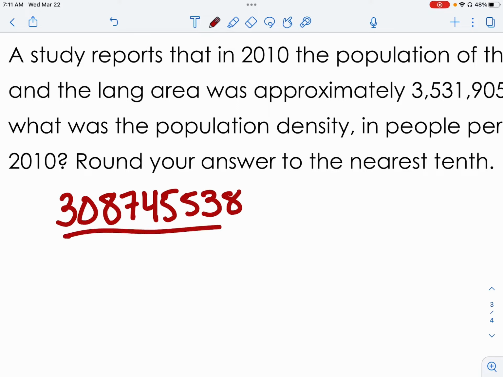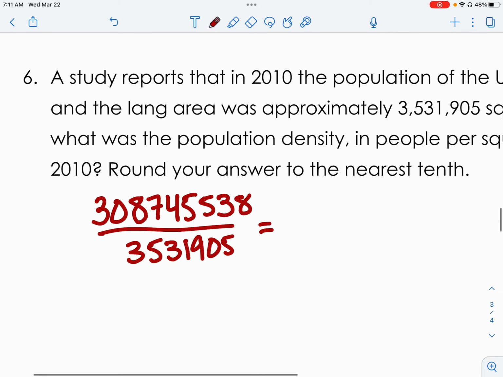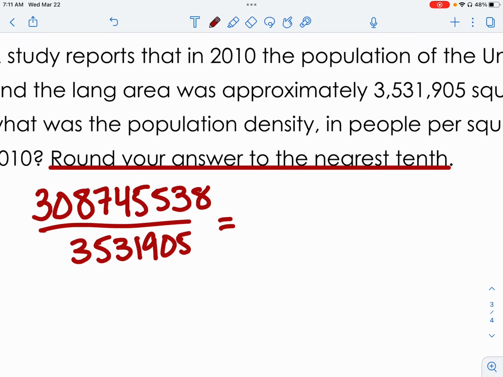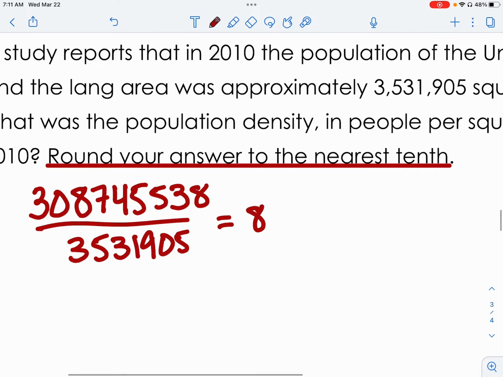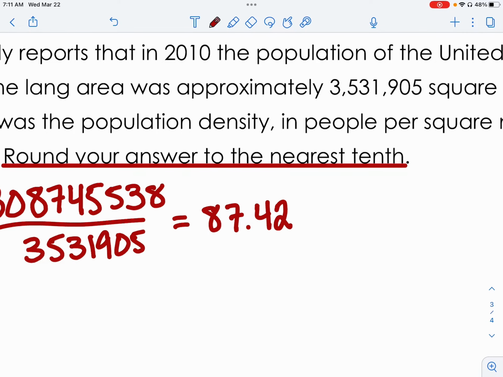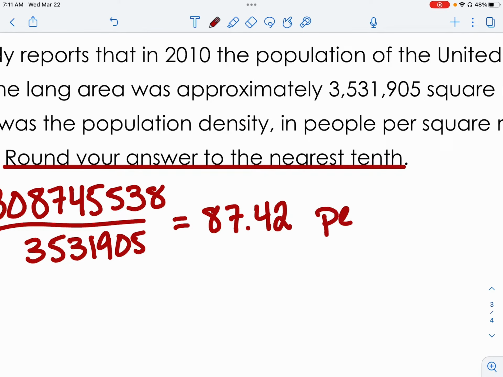Divide by the land area, which was about 3.5 million. And again, this one says round your answer to the nearest tenth. So we have to pay attention to what it is asking for. So when we get this, we get 87.42, and this is people per square mile.